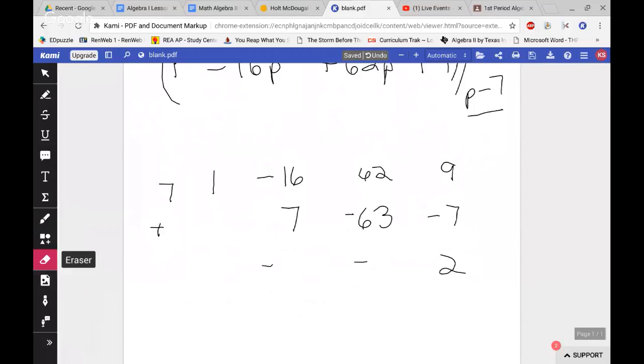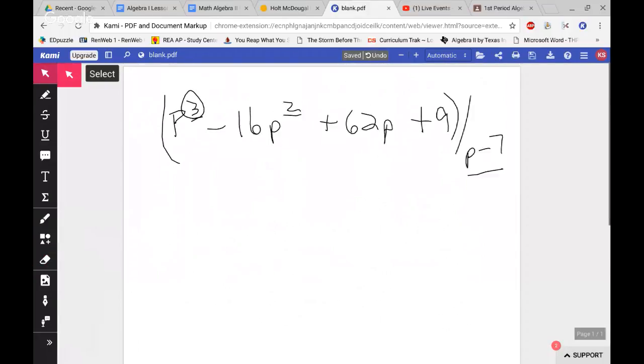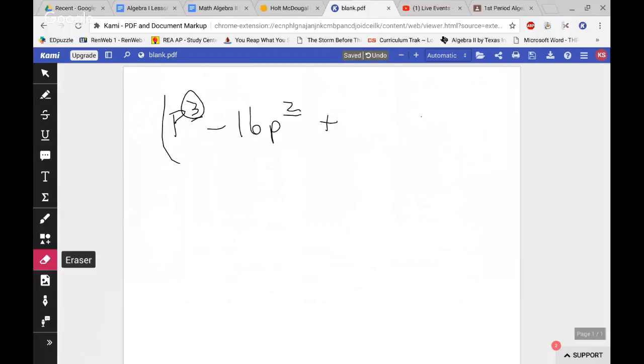Let's see here. One key thing while I'm erasing this, just so that you see how the divisor in this case was p minus 7, which is just a simple monomial. That is the only time you can use synthetic division.